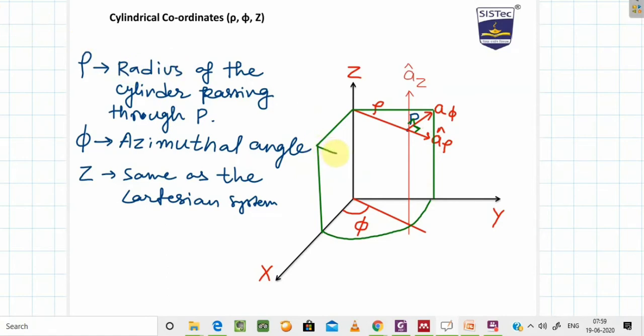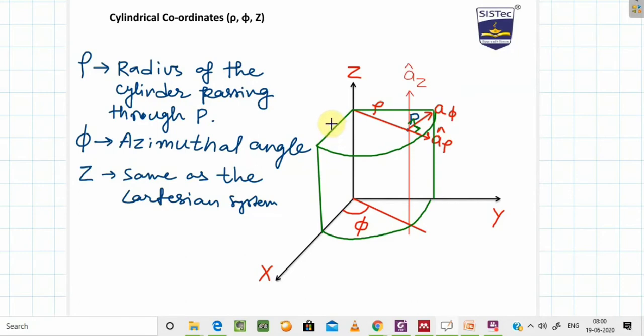So you can see very clearly that it is taking the form of a cylinder. If I rotate it for the whole 360 degrees, it will be a whole cylinder. So that's why we call it cylindrical coordinates.